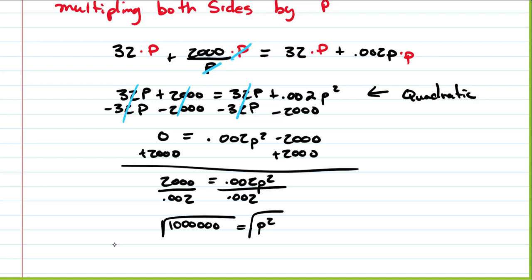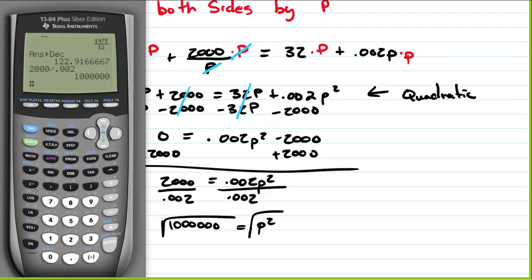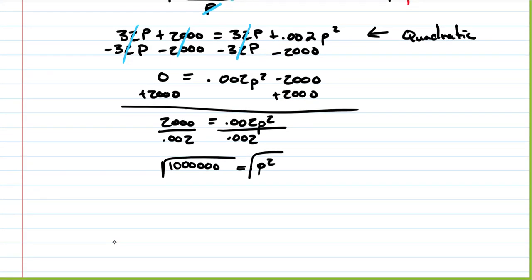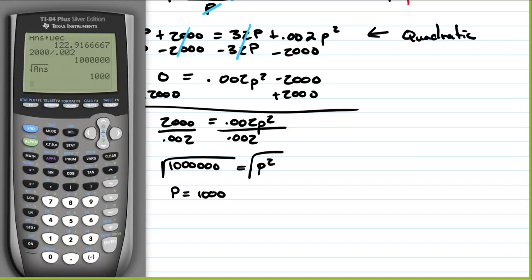And we take our square root, and we get 1,000. So p is equal to 1,000.